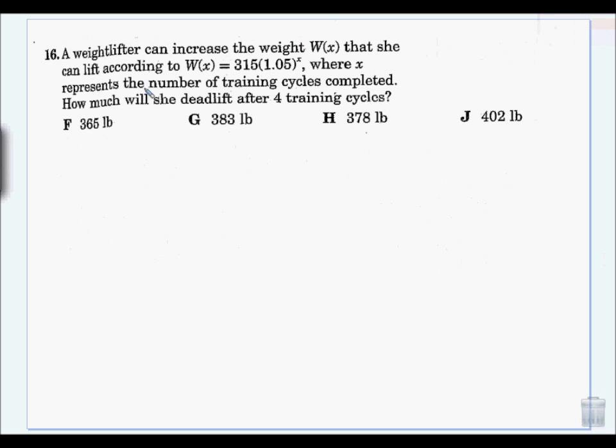Okay, a weightlifter can increase the weight that she can lift according to this formula here, where x represents the number of training cycles completed. How much will she be able to deadlift after 4 training cycles? Okay, so I'm going to plug in 4.